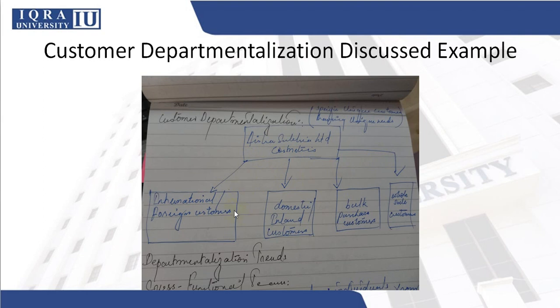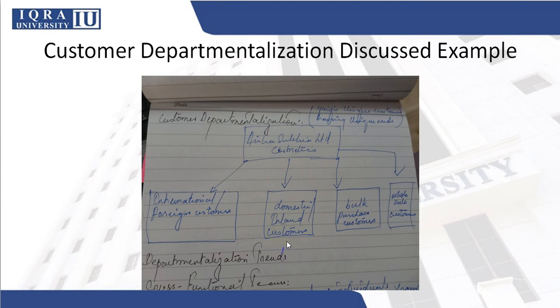Number one, my company supplies cosmetics to international customers, so I have a department for international or foreign customers. Obviously they have different needs and different demands, and I also have a different pricing strategy for them. So that's why it's a different department.